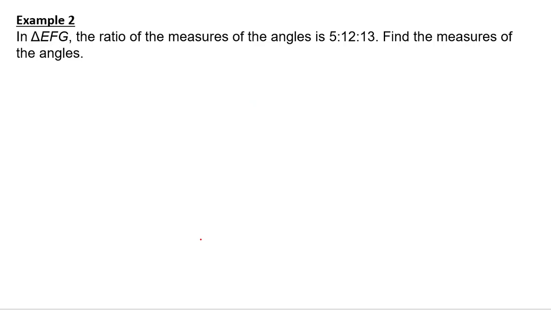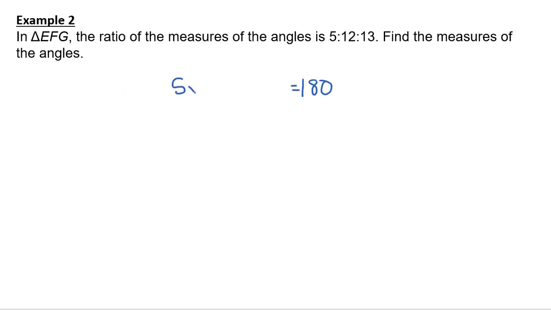Okay, our second example. The ratio of the measures of the angles in a triangle EFG is 5 to 12 to 13. Find the measures of all the angles. So we know the angles in our triangle add up to 180.